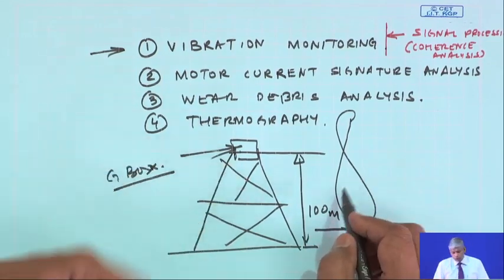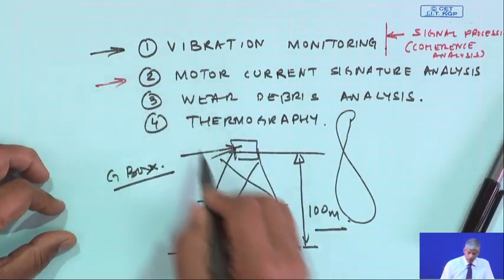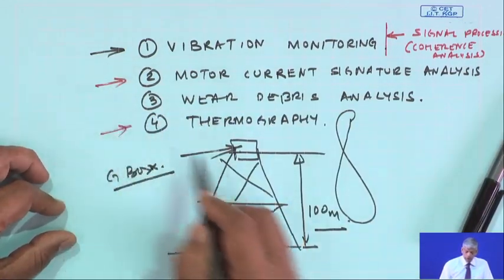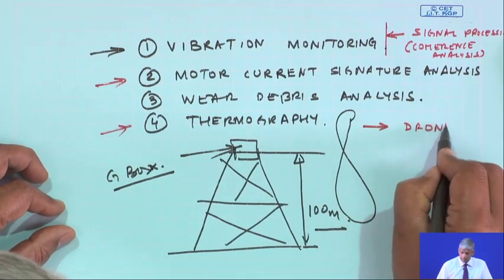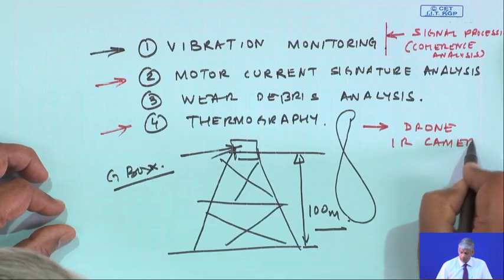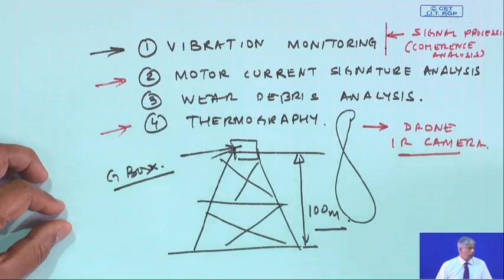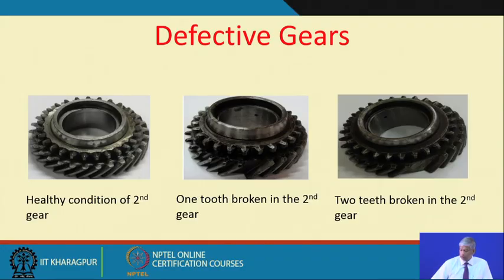So, this calls for using techniques like MCSA or even periodic thermal inspection by using a drone camera, drone IR camera. So, these are some of the latest techniques which are happening for monitoring gearboxes. And another, particularly today, now people are talking about electric vehicles.